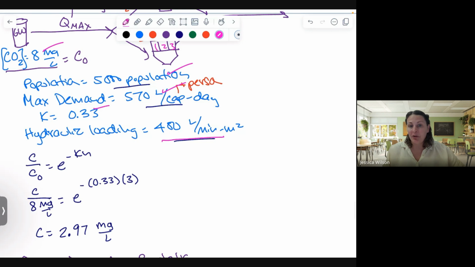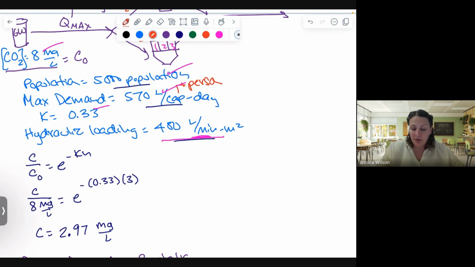Okay, we've got 400 liters per min per square meter. Liters per min we know is just a flow. But then it's tacked on to that square meters. So it's a flow rate per area of the aerator.